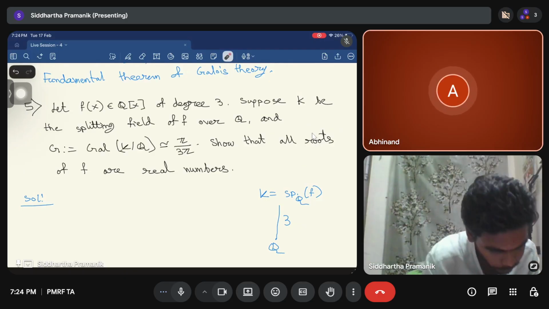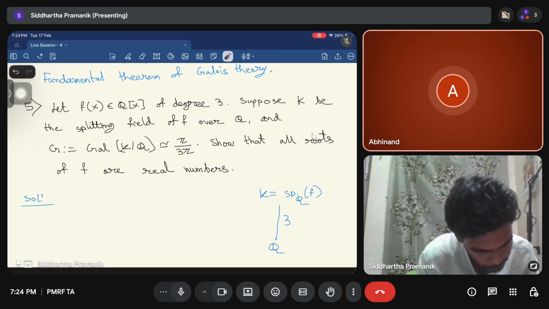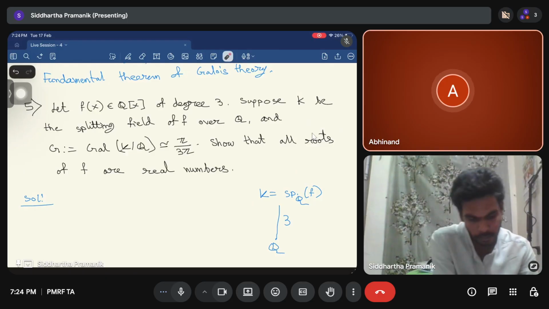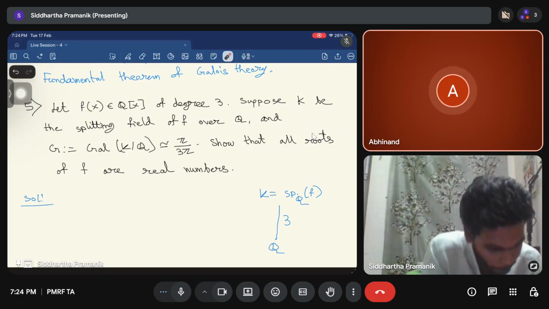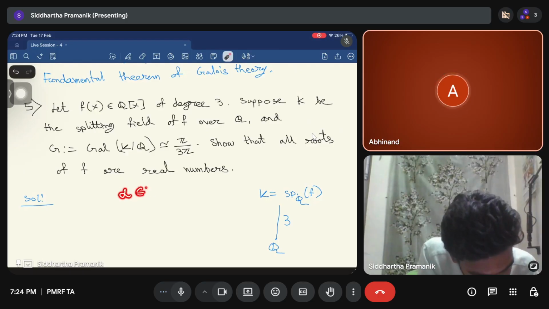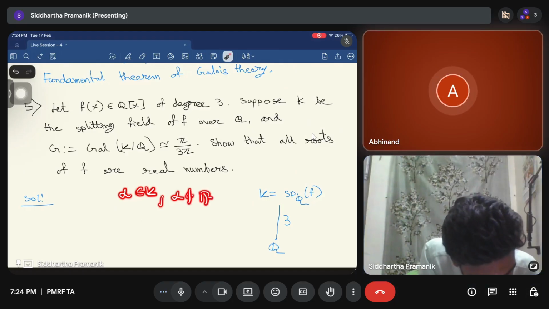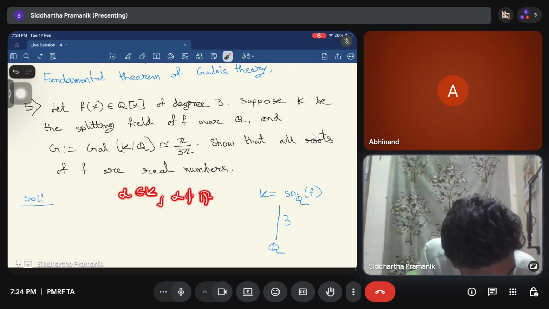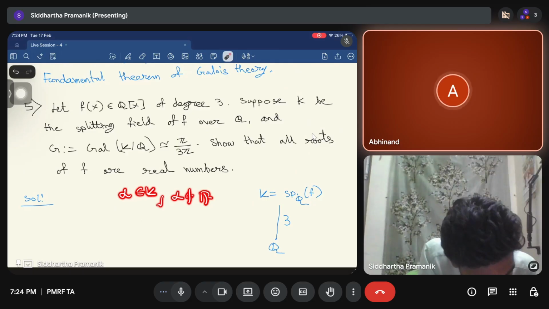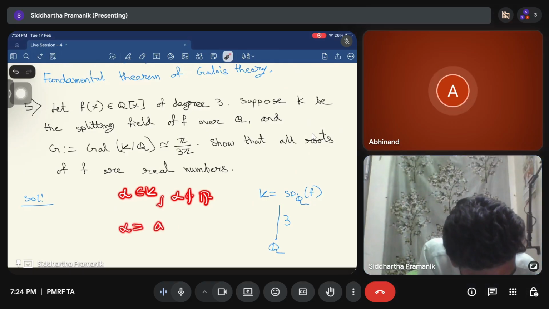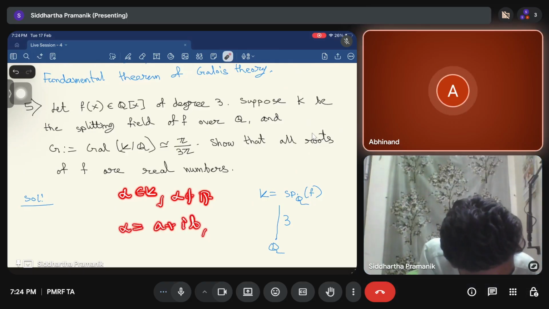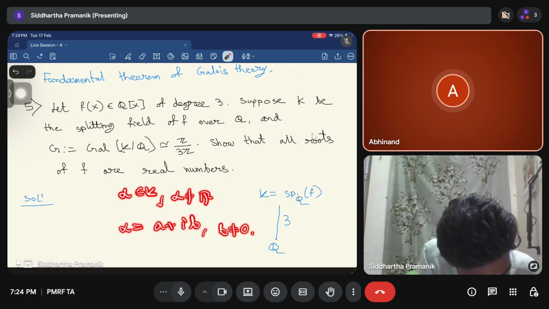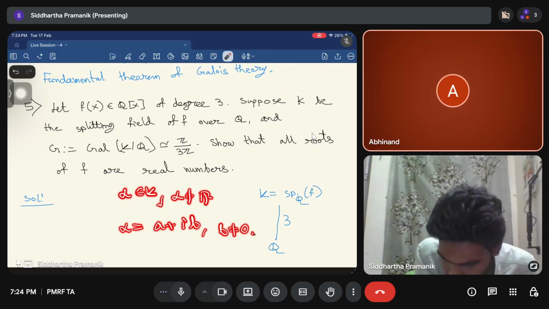Suppose there is a root which is not a real root, then it should contain i also. That means it is a complex number, some a plus ib, where b is non-zero.